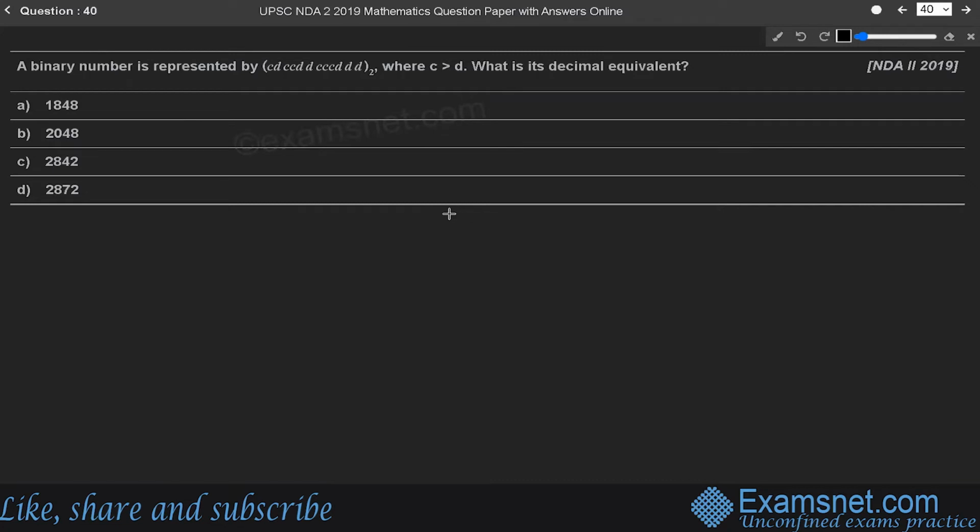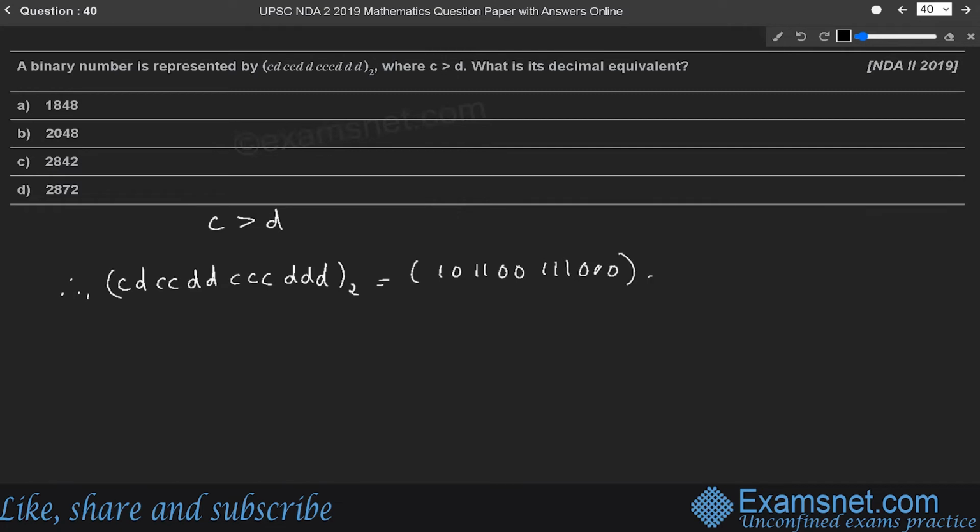We know that binary numbers are represented by zeros and ones, and it is given that C is greater than D. Therefore, the number CD, CC, DD, CCC and DDD base 2 can be written as 101100111000 base 2, since C is greater than D. So C will be 1 and D will be equal to 0.